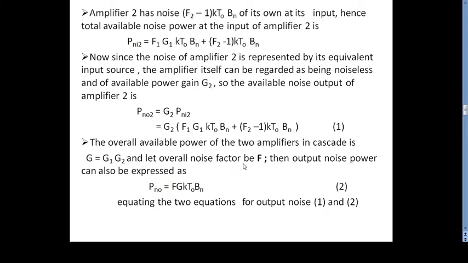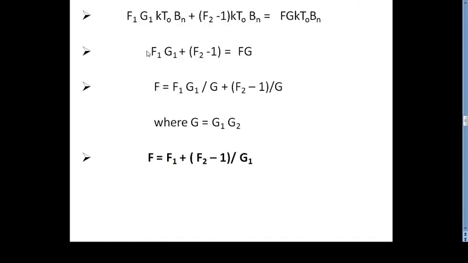Let the overall noise factor be F, then the output noise power can also be expressed as F G K Bn T0. So equating the output noise from equations 1 and 2, and after solving, we get the noise factor equal to F1 plus (F2 minus 1) divided by G1.